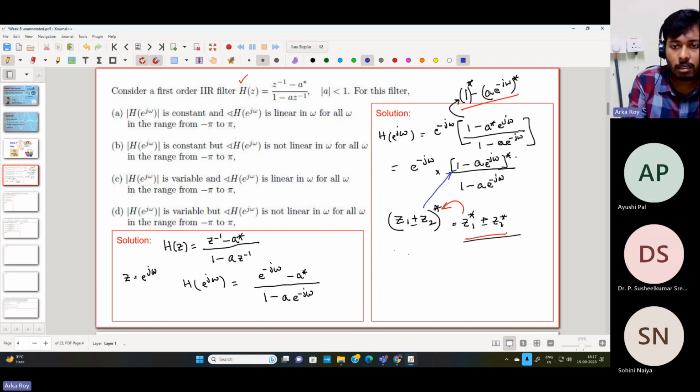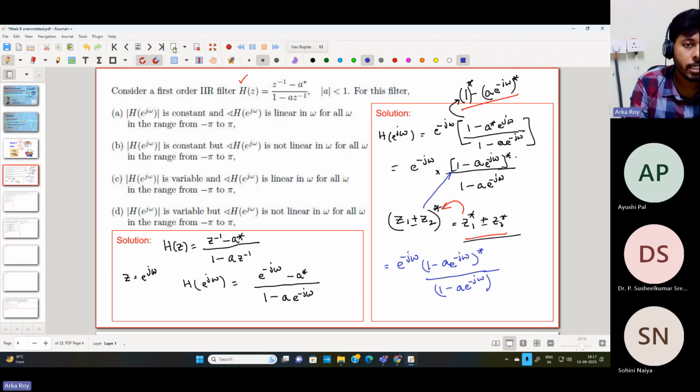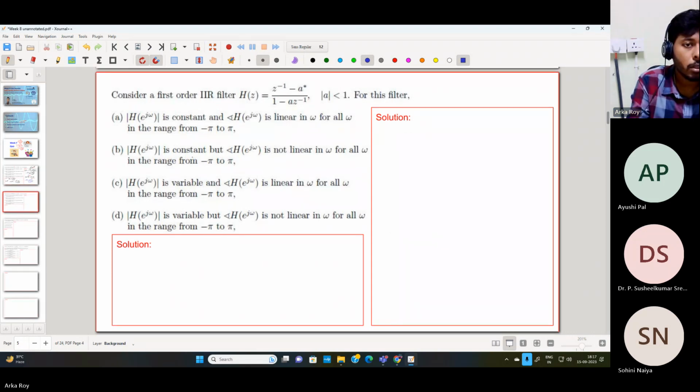So given this, I can rewrite it as e to the power minus j omega multiplied with (1 minus a e to the power minus j omega) star divided by 1 minus a e to the power minus j omega. Okay. So now we can take the modulus of H(e^{j omega}) to get the magnitude spectrum. So let me just take the magnitude of this particular representation.